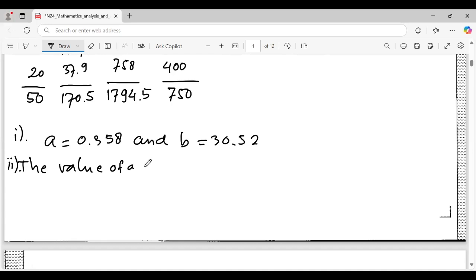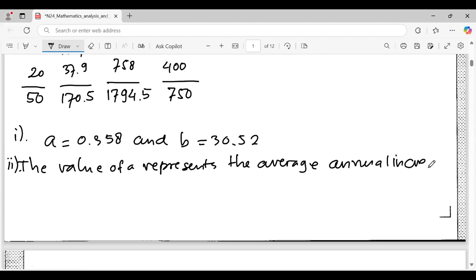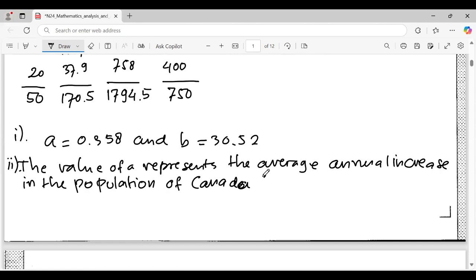The value of A represents the average annual increase in the population of Canada, of course in millions.